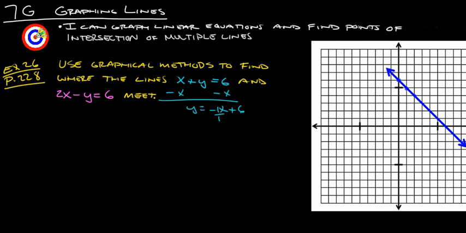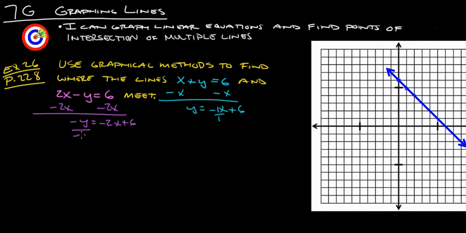Now I'm also going to solve this other one for y. So I'm going to subtract 2x from both sides. I get negative y equals negative 2x plus 6.